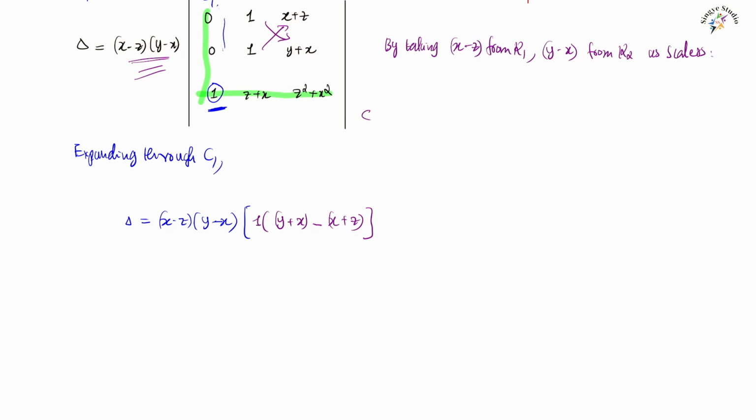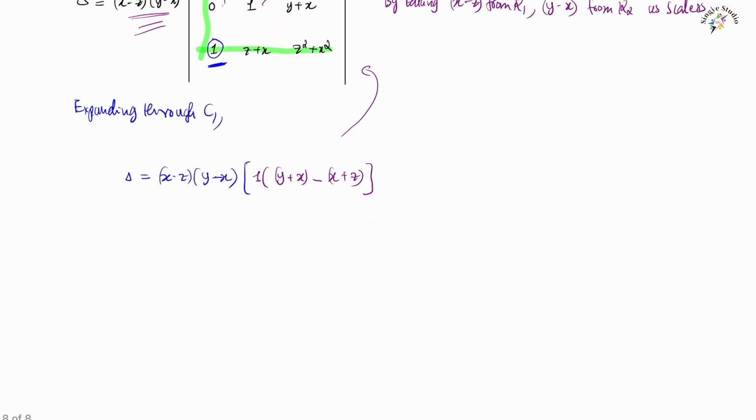Now our determinant got simplified to this one, and our final determinant will be just x minus z times y minus x times, here if you observe carefully, we have x and negative x, so it will get cancelled, and we'll get y minus z. Okay, so these are our factors and they are the value of the determinant.